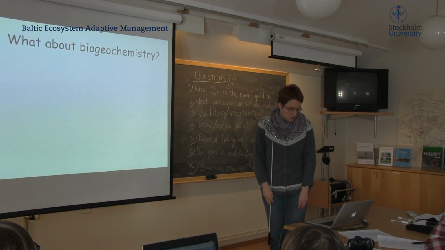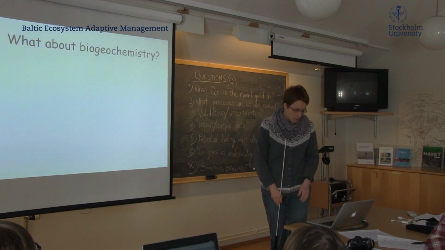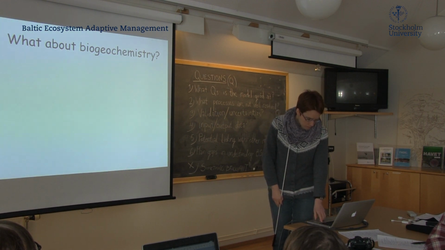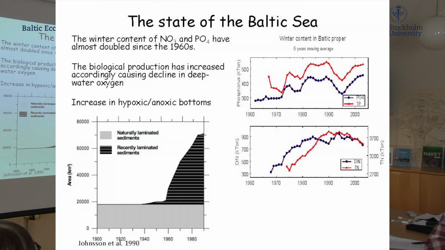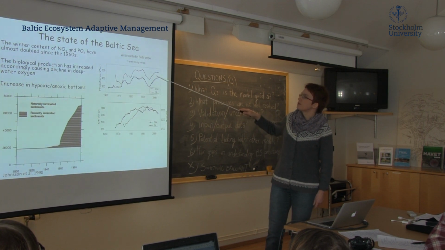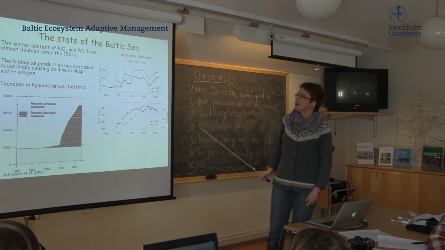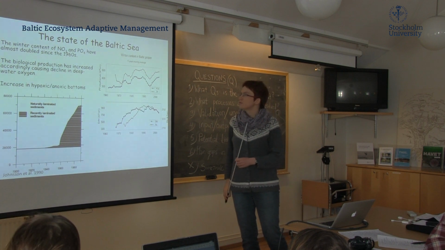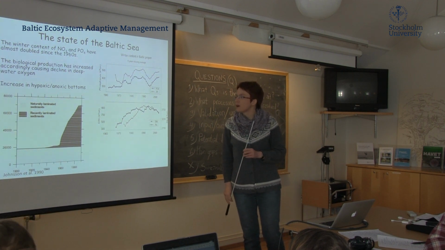So how does the biogeochemistry work in our model? What we know about the Baltic is, of course, that there has been long ongoing eutrophication. There have been large changes, for example, in the nutrient pools, as long as we have measurements, and there have been long-term changes in anoxia and hypoxia.